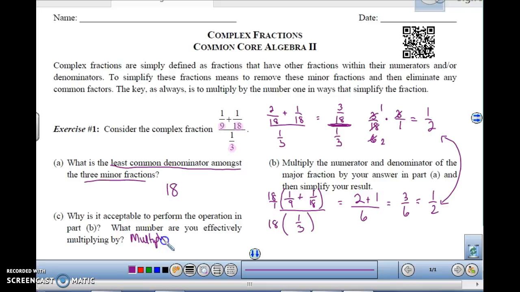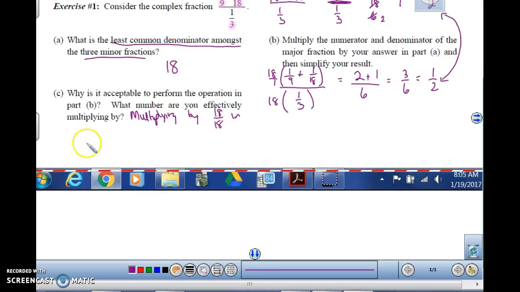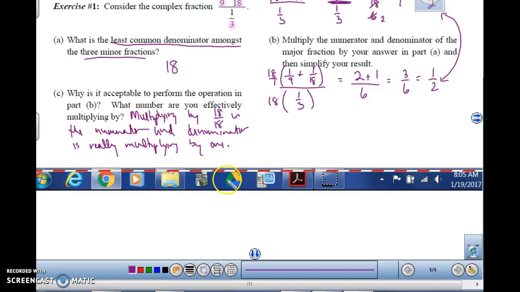So multiplying by 18 over 18 in the numerator and denominator is really multiplying by 1. All right, so this is an acceptable trick.